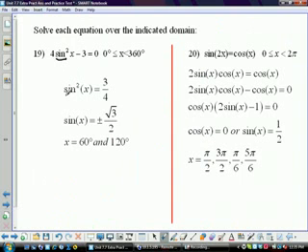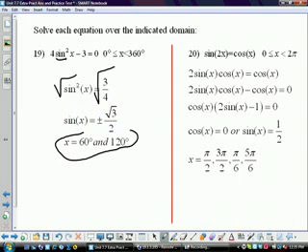Isolate it. So I take sine squared of x equals 3/4. I get that by isolating it. Then I square root both sides, and I get that sine of x equals plus or minus the square root of 3 divided by 2. I look it up in my table, and I find that that happens at 60 degrees and 120 degrees.